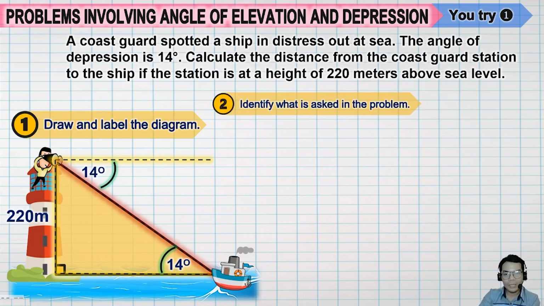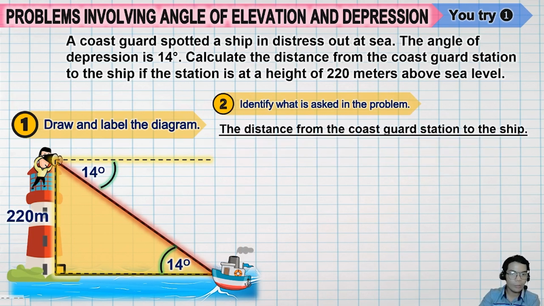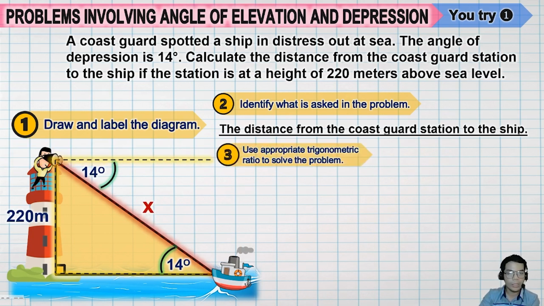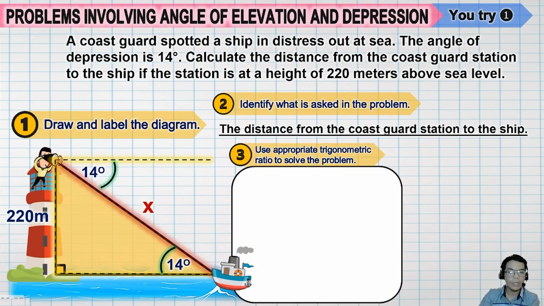Now, once you created the diagram and label its parts, now we can now identify what is missing or what is asked on the problem. We are asked to find the distance from the Coast Guard station to the ship. Ayan, so ito yon. Yung distance daw ng Coast Guard papunta doon sa ship. Now, ano yung appropriate trigonometric ratio na pwede natin gamitin?